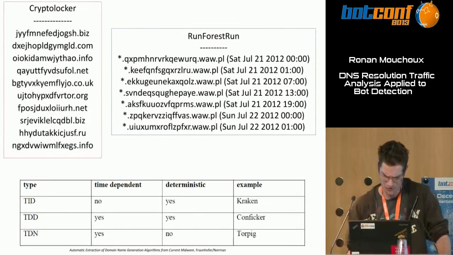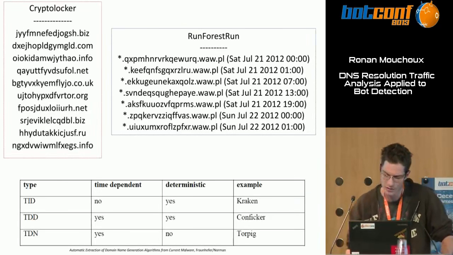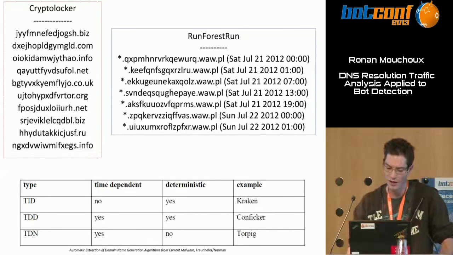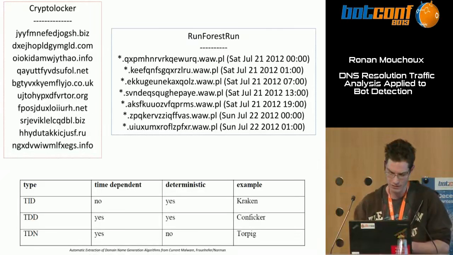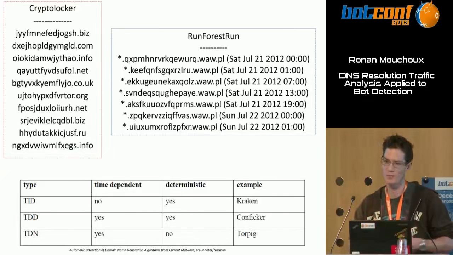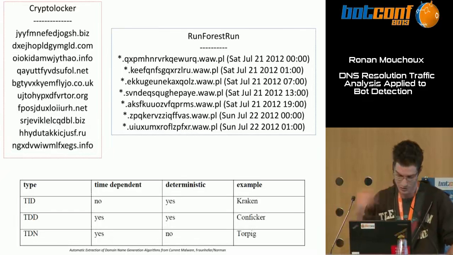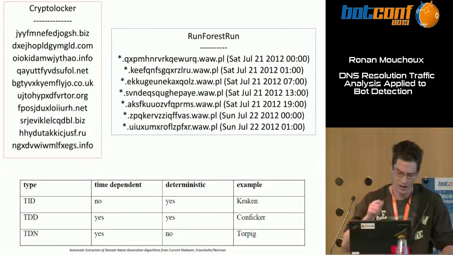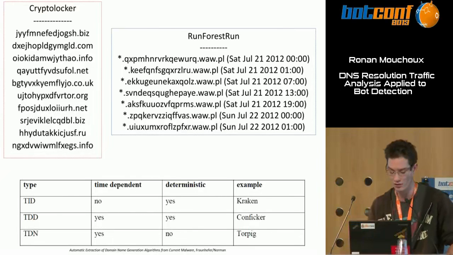And this kind of string are domain names generated by a domain generation algorithm used to improve the resilience of a botnet, of the infrastructure. And when we look among these algorithms implemented in several botnets or threats, we see that some algorithms are time dependent, some don't, some are deterministic, some don't.